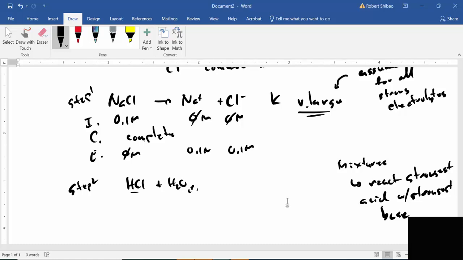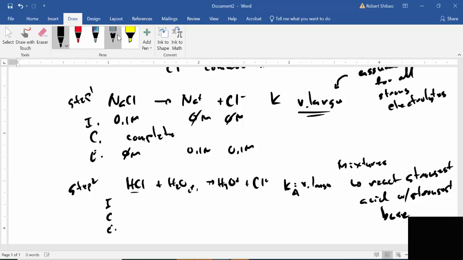The strongest base present is just going to be water. Chloride is a weaker base than water. So it's going to be HCl and water. This is going to produce hydronium and chloride. And K is going to be Ka for HCl, acid plus water. This is very large. So initial, change, equilibrium.